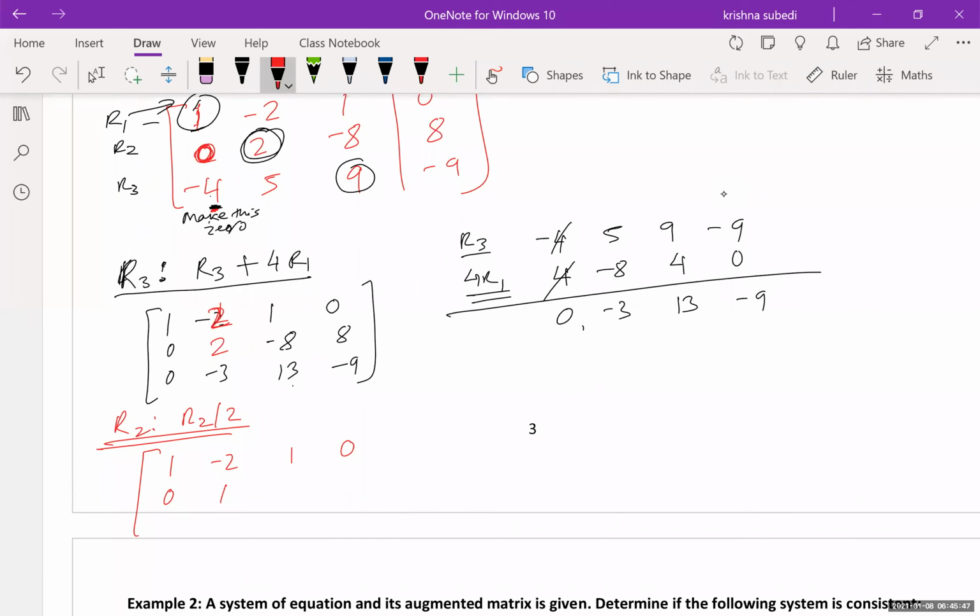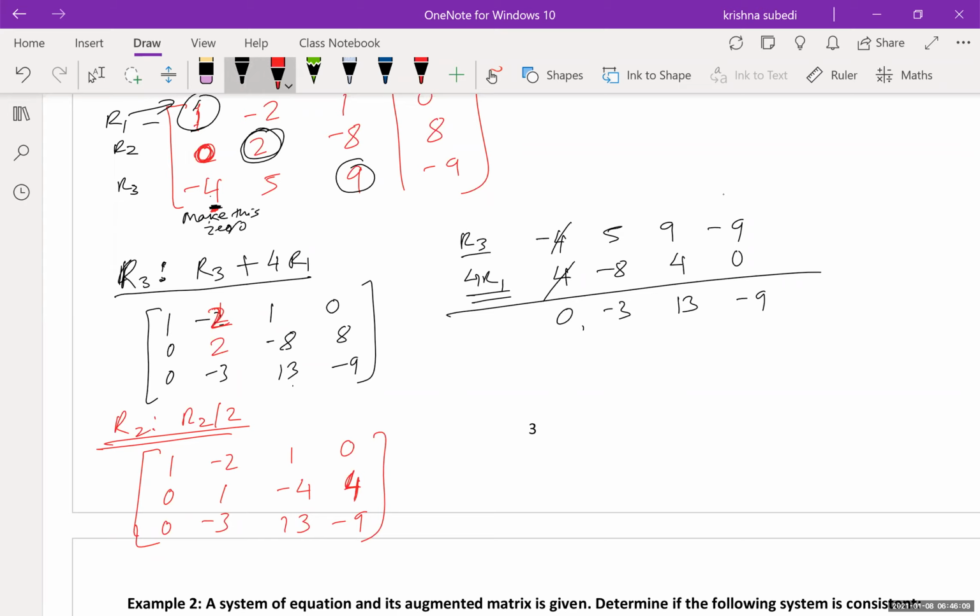This is 0, 1, -4, 4. Do you have to divide it? No. If you want to make life easy, yes. If anything is common, then I just want to get rid of that in order to make life easy.